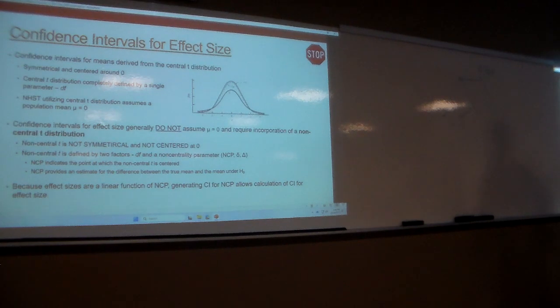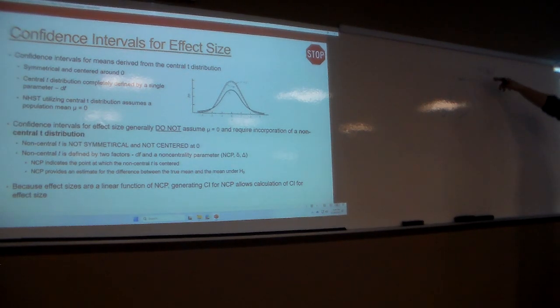So if we need to calculate confidence bounds around my effect size, we can't do this directly. We have to do a little backwards work here. I'm interested in the confidence bound around my effect size, but I can't do that straight away. What I can do is take that effect size and represent it as my non-centrality parameter, which gives me the difference between a null effect and the actual stuff that I'm estimating.